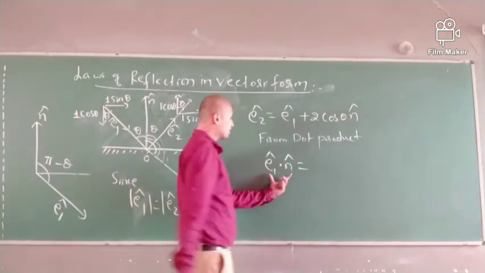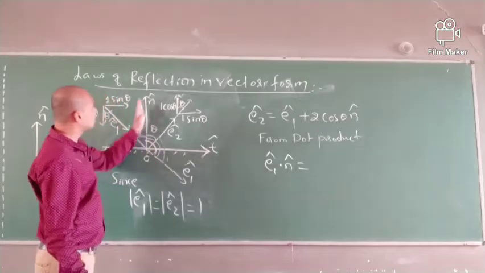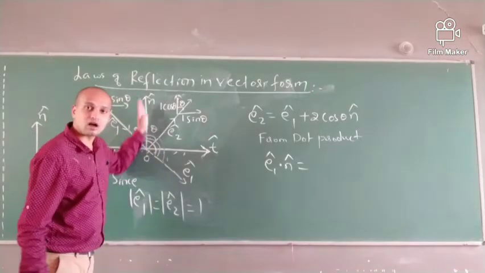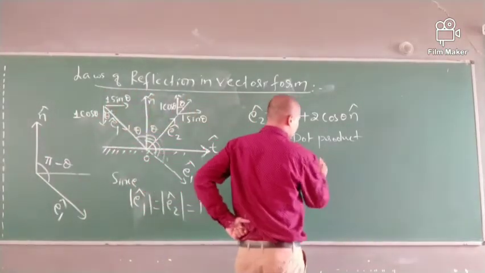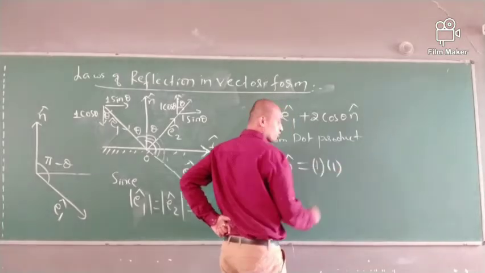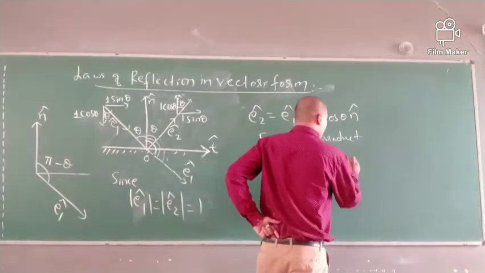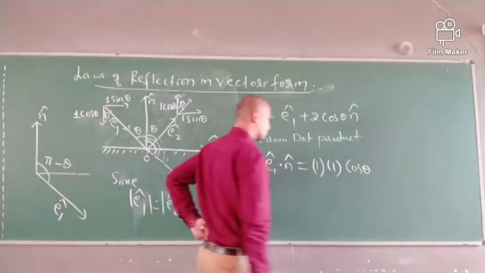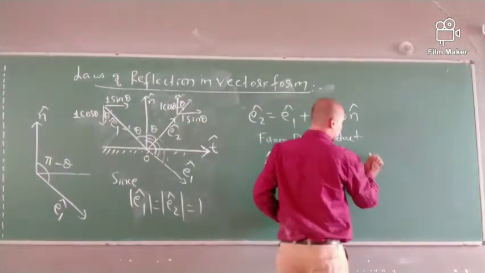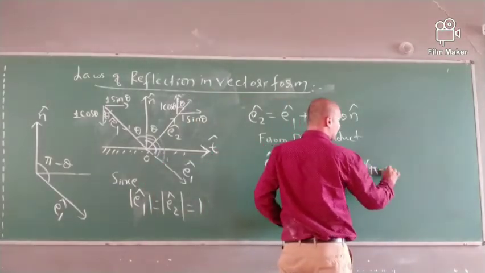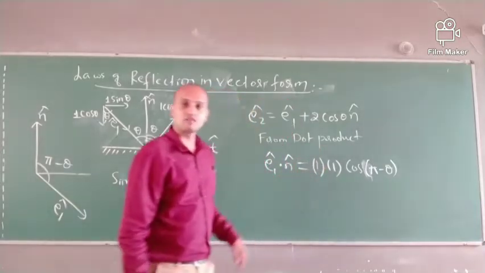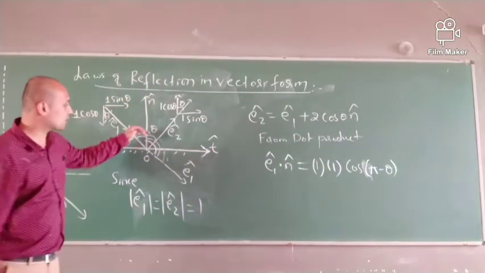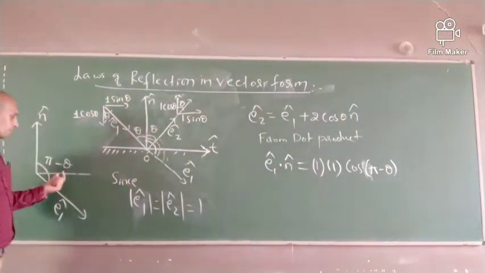So why am I doing that? Dot product of E1 dot n will give me what? Magnitudes, both are 1, into cos of pi minus theta, because the angle between the two vectors is pi minus theta.